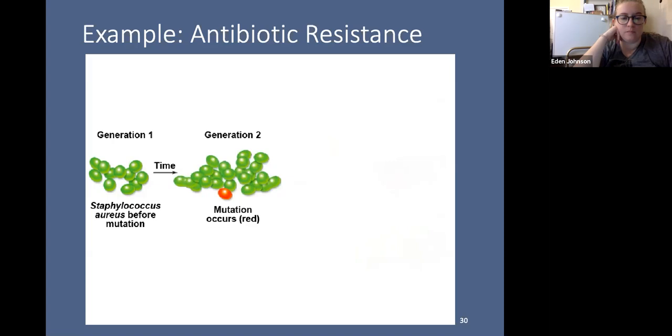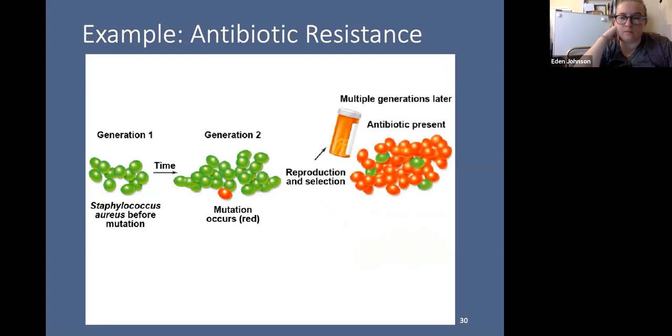Some of these mutations might confer antibiotic resistance, resulting in variation in antibiotic resistance among individuals in the population. When the antibiotic is administered, most of the vulnerable green cells are killed, whereas the more resistant red cells survive. The population has now shifted to a higher proportion of antibiotic-resistant individuals. When this new population reproduces, more individuals will be antibiotic-resistant than the previous generation.